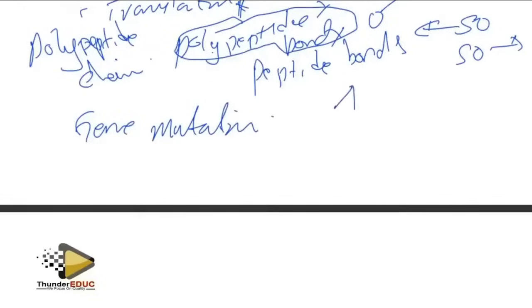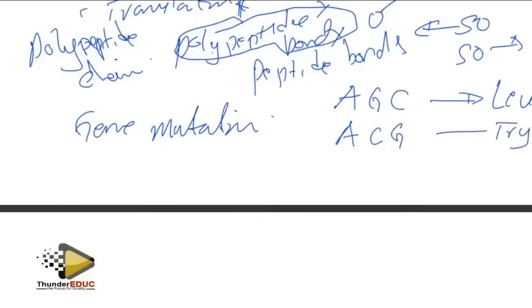If you have AGC, and this codes for leucine, and you have ACG here, and this codes for tryptophan, and then you have ACG, and this also codes for leucine.